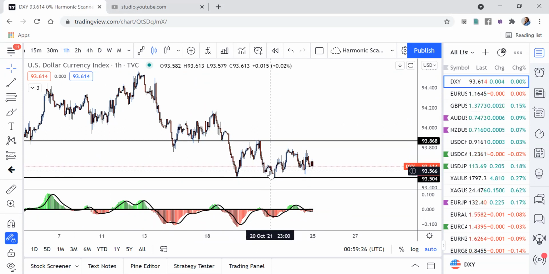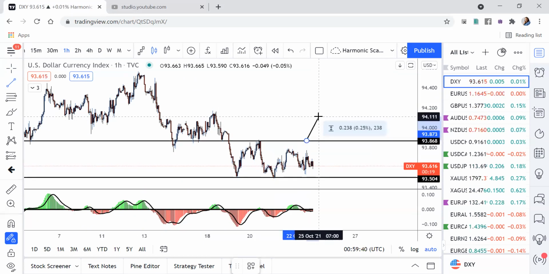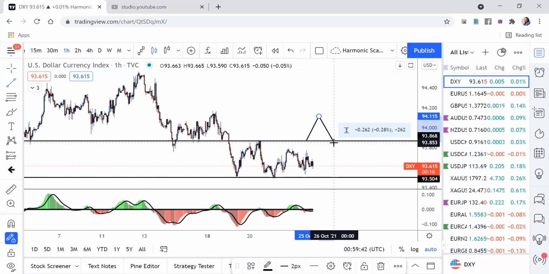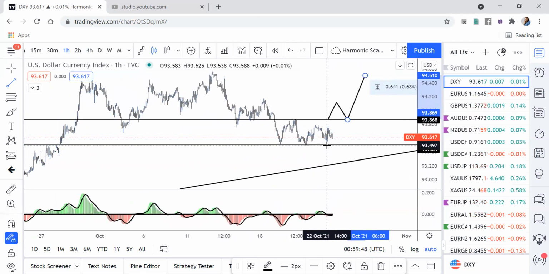Okay, now what are we looking at next with the DXY? I don't want you to assume. I am not going to assume. This is what I am going to say. Right now, we are consolidating a bit. Okay, so before we start to assume where the market is going to go, we're going to wait for a break in structure again, right?